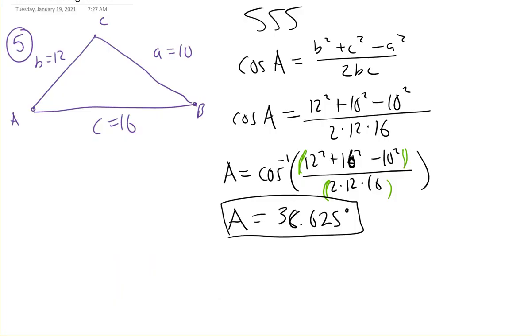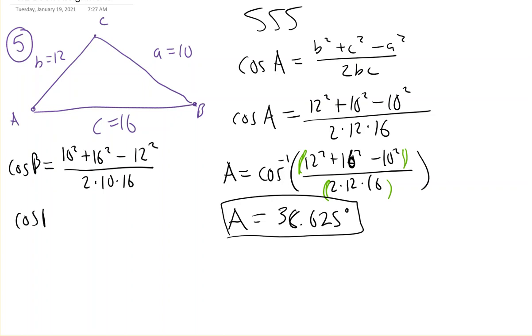Okay, so the only difference with angle B, cosine of B is going to be A squared plus C squared minus B squared over 2 times A times C. I probably should be going a little slower since you saw that was my mistake over here, so I just misplugged in a number.